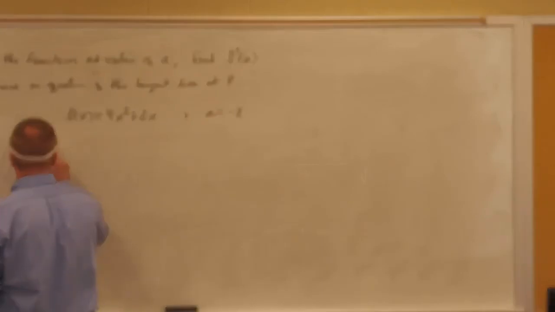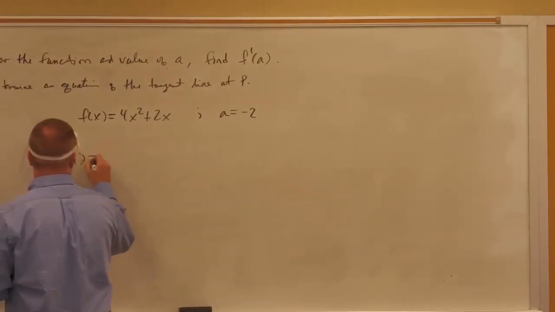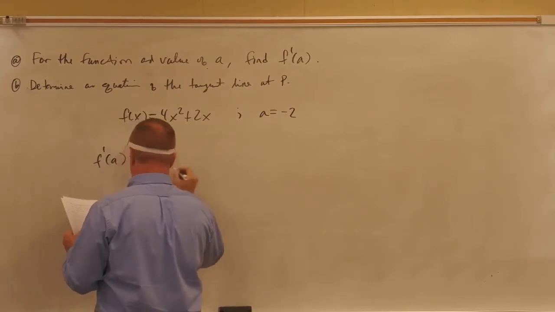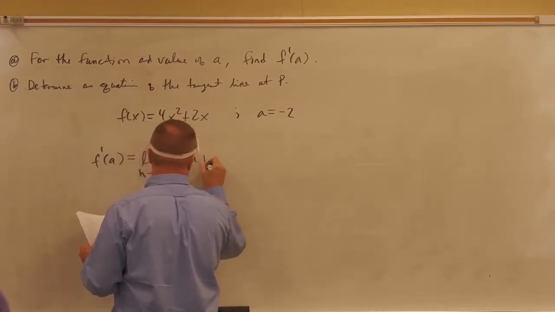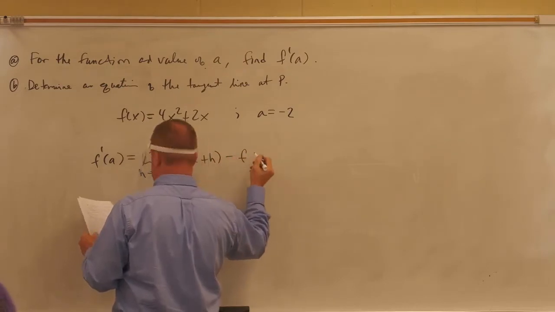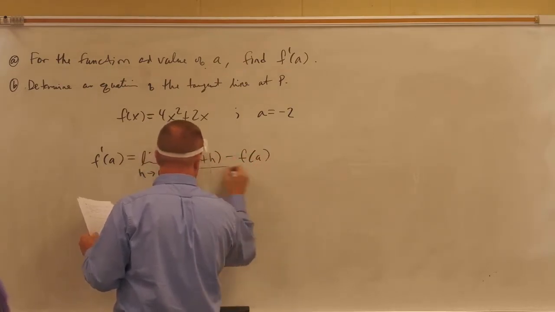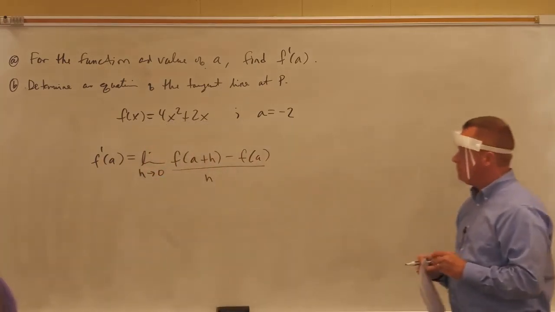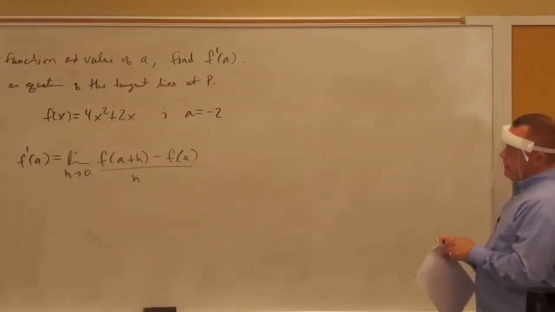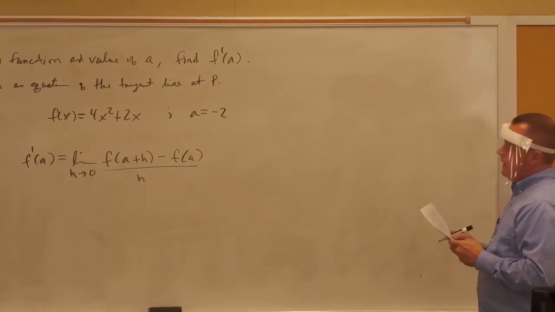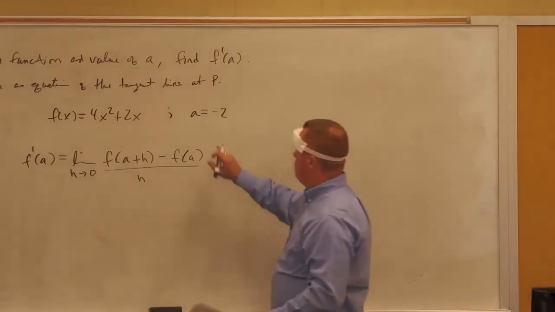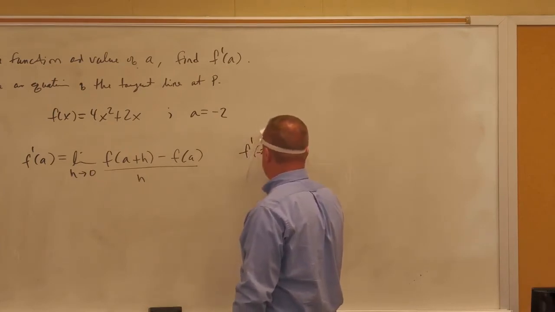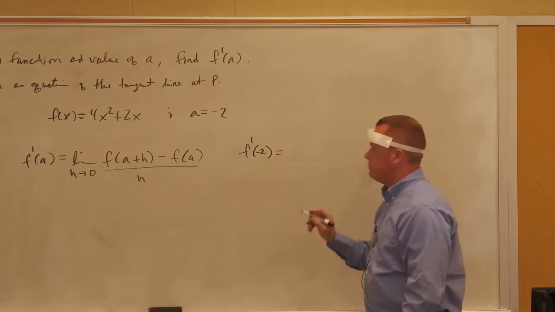So that means that the derivative at a is the limit as h approaches 0 of f of a plus h minus f of a over h. Now, to plug this in, what is a? Well, a is negative 2. So f prime at negative 2, the slope of the tangent line at negative 2.